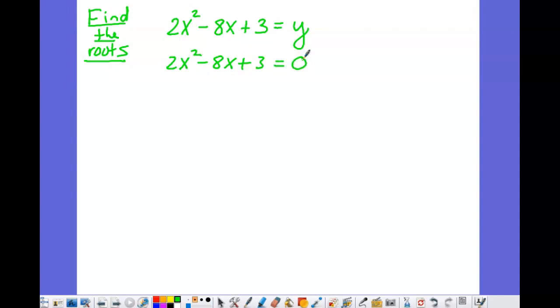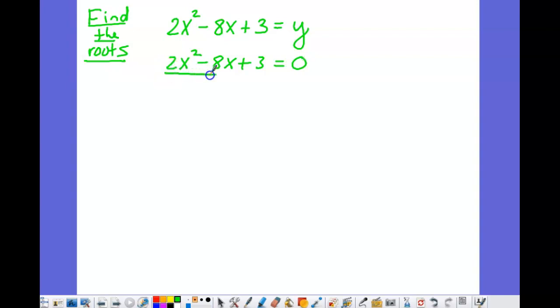Now, sometimes you can use factoring, but this thing doesn't factor. So we can't use factoring to solve this. The other way is with the quadratic formula, but we're not allowed to use that because right now I want to pretend that that doesn't exist. So there is a third way that we can use to solve this, and that's the method I'm going to show you. The first thing that we're going to do is change it into vertex form.